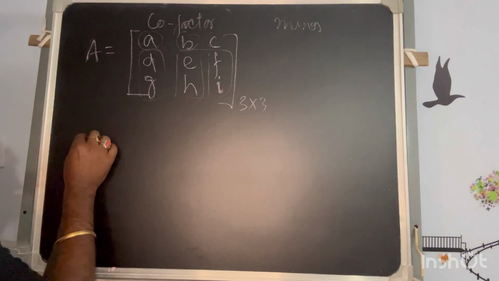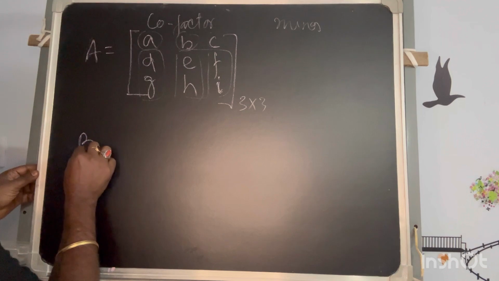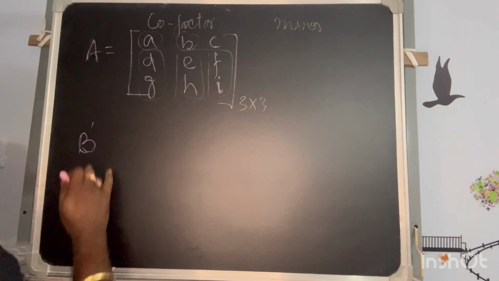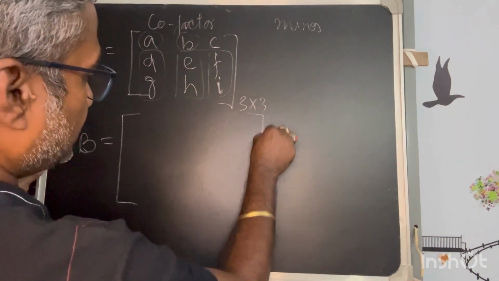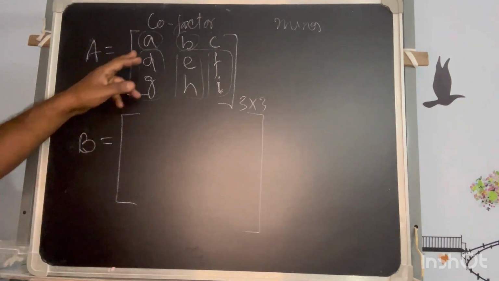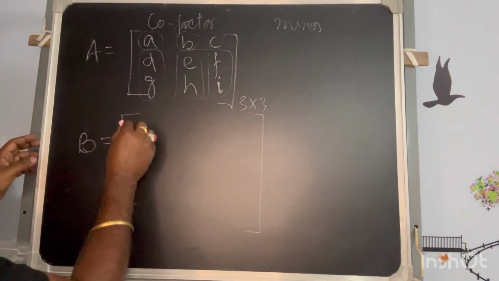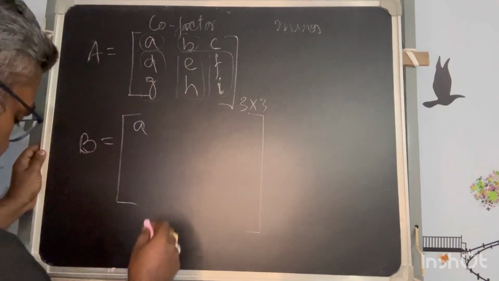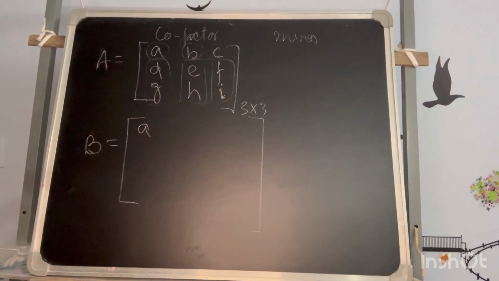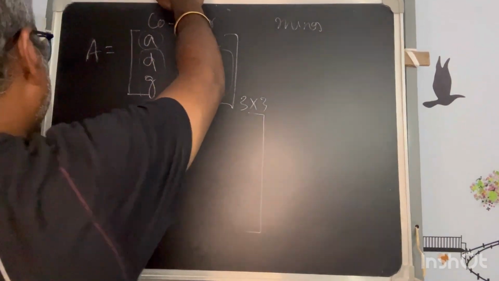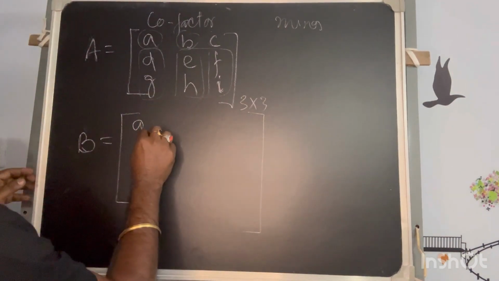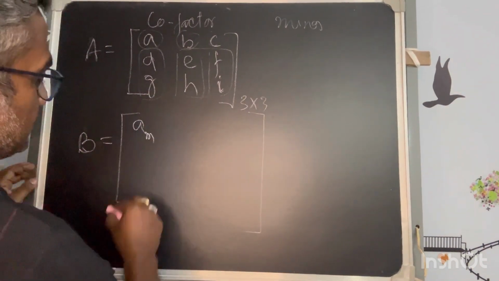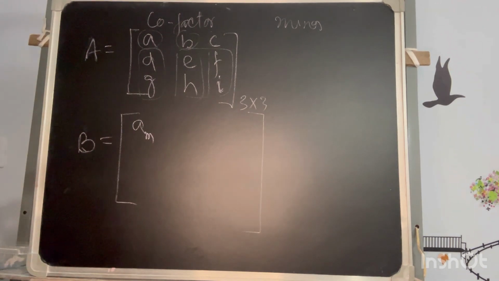So if I get a matrix, let's say B, which consists of the minor of each element, I write it for representation with the element and an extension M at the bottom.